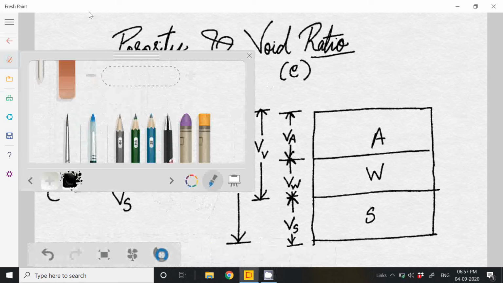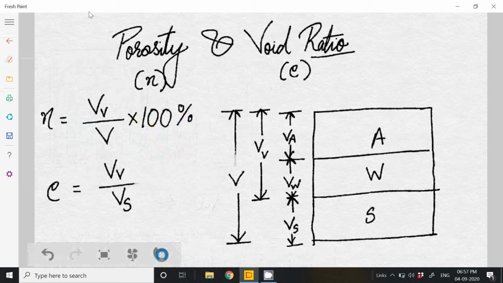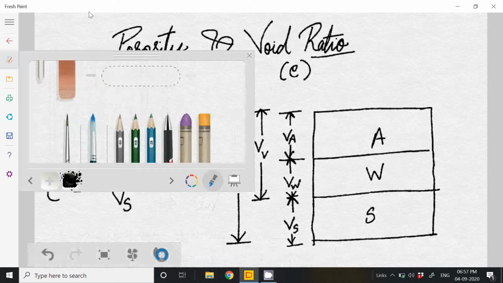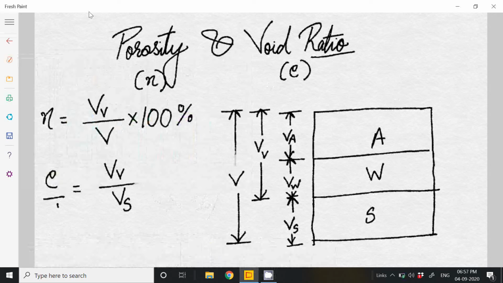So I can also write it in this manner, right? This is e, isn't it? So e, I can write it as e by 1. This implies that Vv is equal to e and Vs is equal to 1.